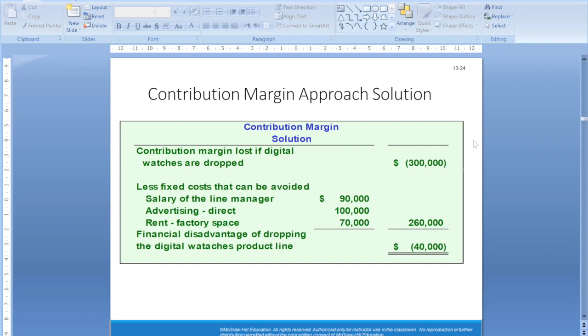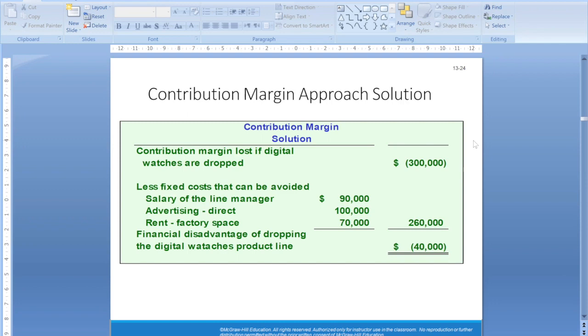Now, we will compare this loss of contribution margin with the avoidable fixed expenses, the fixed expenses that can be avoided if we stop this digital line segment.